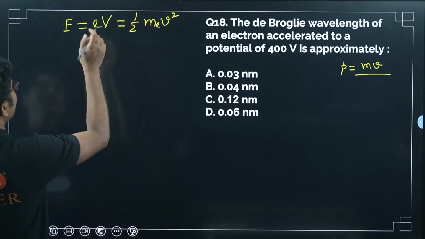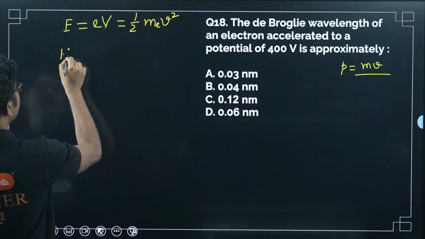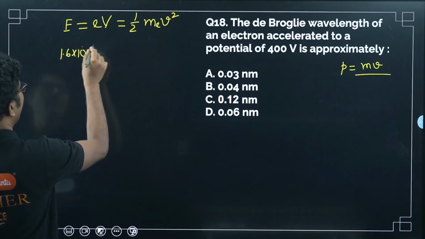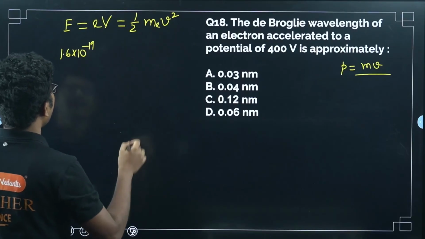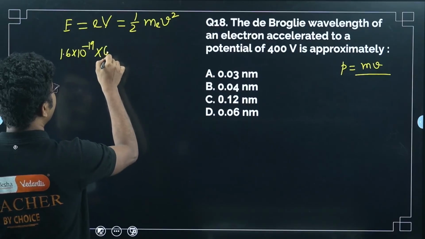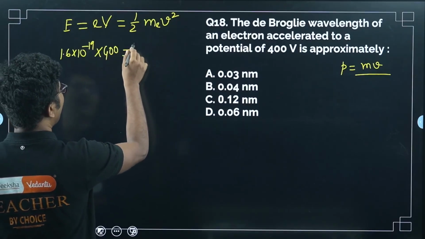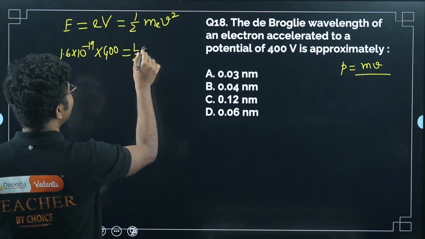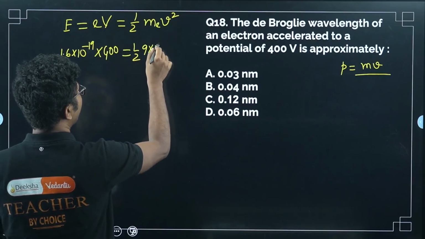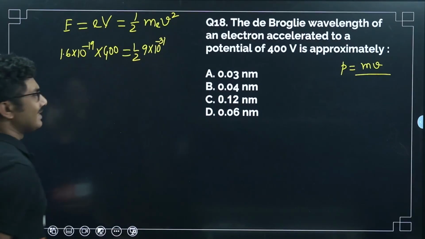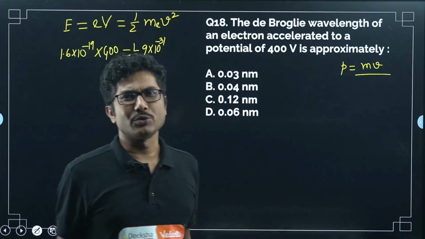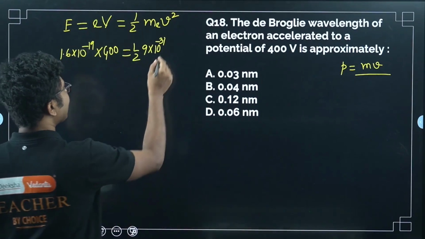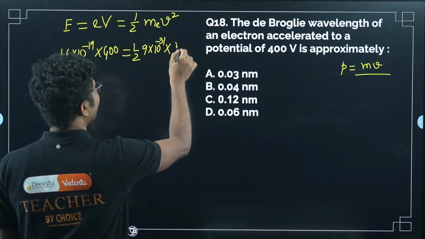So let us use the values. e is 1.6 times 10 to the power of minus 19, and V is 400 volts. Half m is 9 times 10 to the power of minus 31. Now you might say, sir, it is 9.31, why are you writing 9? The value is so small, taking small adjustments here and there does not matter.